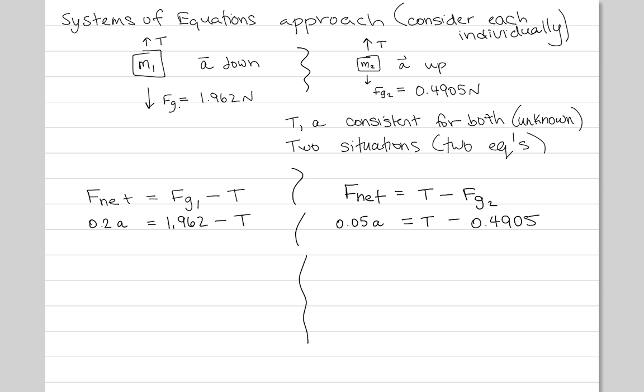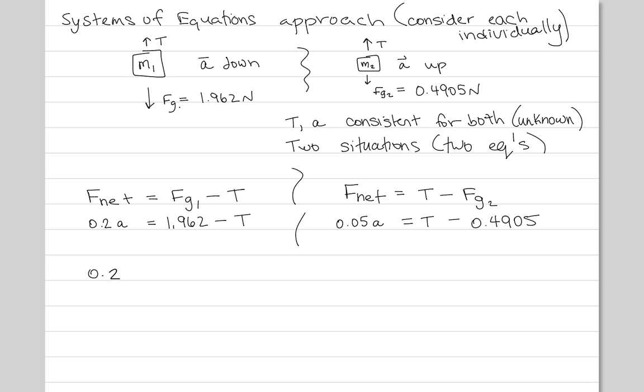So now we have two equations, and we're going to make a system. So you guys remember solving systems? You got to stack them in columns and then eliminate, or you could do substitution. I like to just stack them in columns.